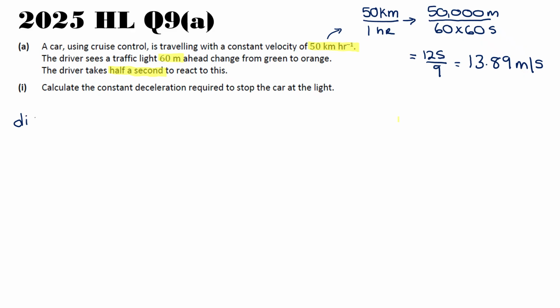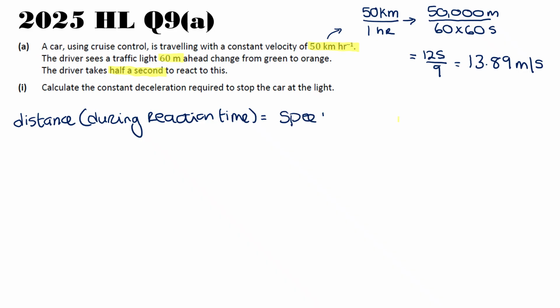So the next thing we need to think about is that reaction time. Although the speed or velocity hasn't changed during that reaction time, they do travel a distance. This is the distance traveled during reaction time. Because it's a constant velocity, we can use distance equals speed by time, so we don't have to get into our equations of motion here.